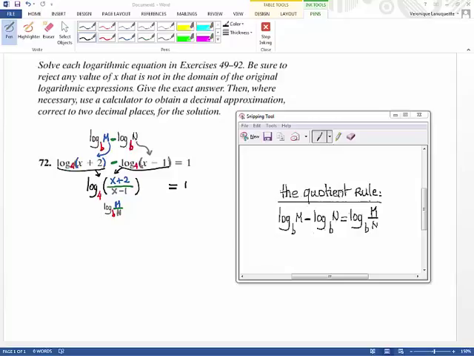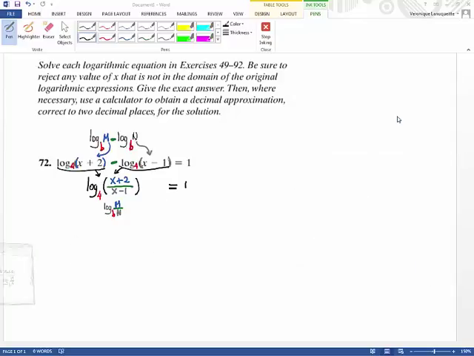So on the left hand side, we just use that quotient rule. So we don't need our rule anymore and we don't need our steps anymore. So we're just going to concentrate on the given question we had and the next step.